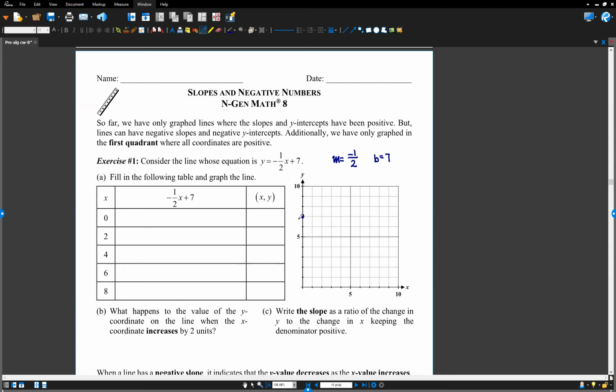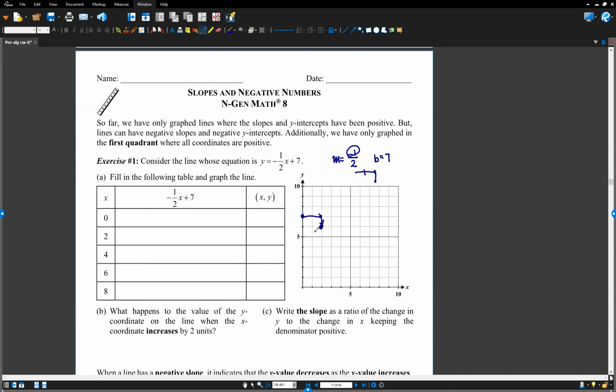You have to be careful. 2 positive means move to the right 2, and the negative number means vertically down. That means 2 right, 1 down. 2 right, 1 down. That is the next point.